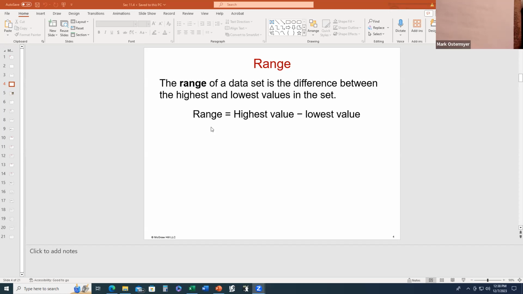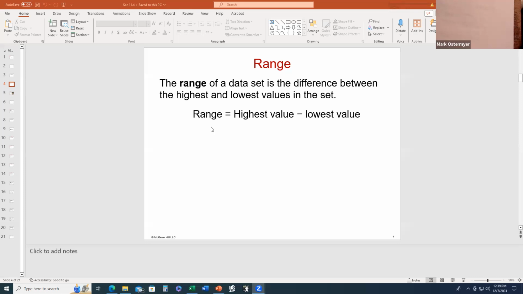Anybody know why that might be a weakness? Why is the range maybe not the best measure of variability within a data set? Anybody got any? Because it's not accurate, it's a guess, it's an estimate. Well, it only takes into account how many data points in the data set in its computation?